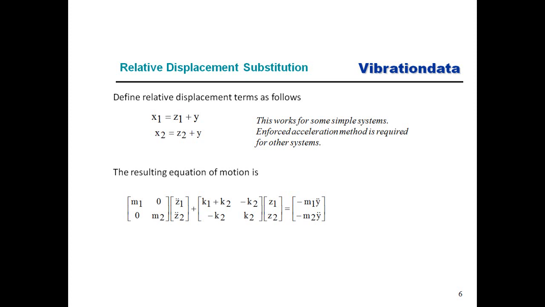But the other way, which we're going to focus on, is decoupling this series of equations. And this will allow us to solve for Z1 and Z2, the relative displacements. Then from those solutions, we can calculate what the resulting accelerations are, Z1 double dot and Z2 double dot.